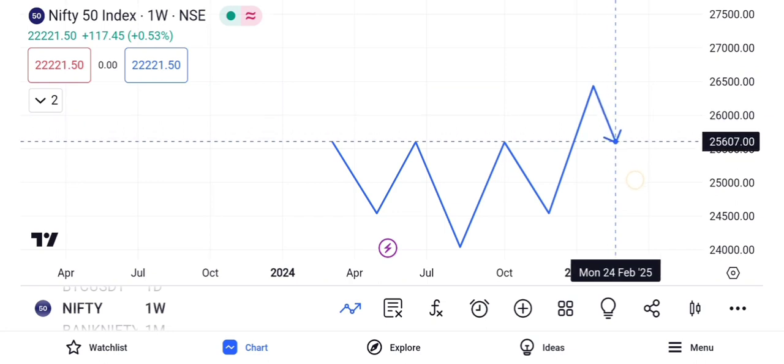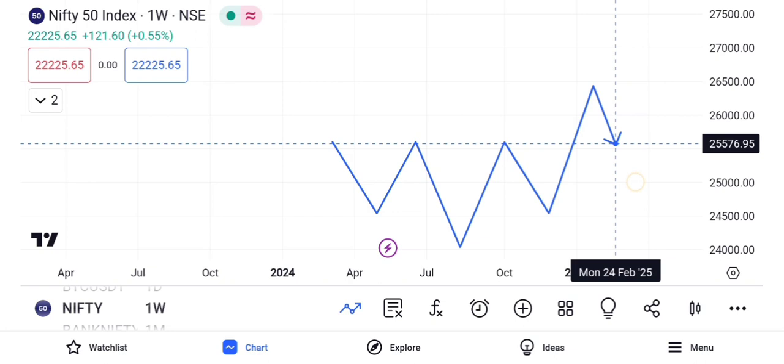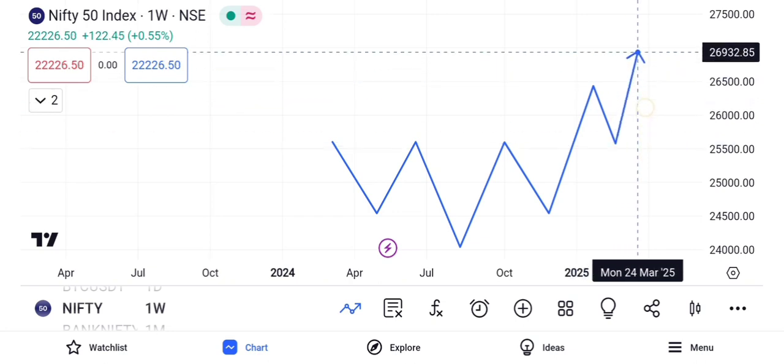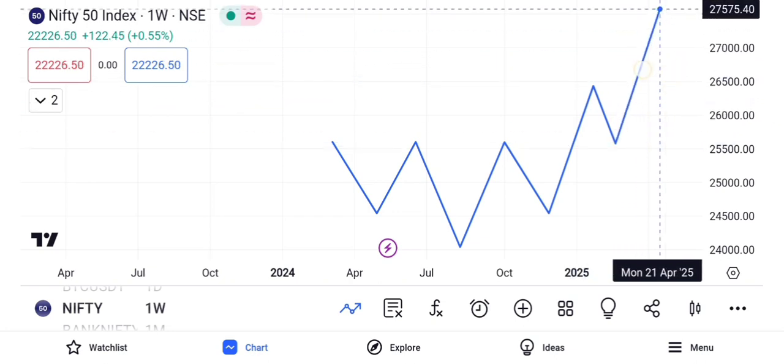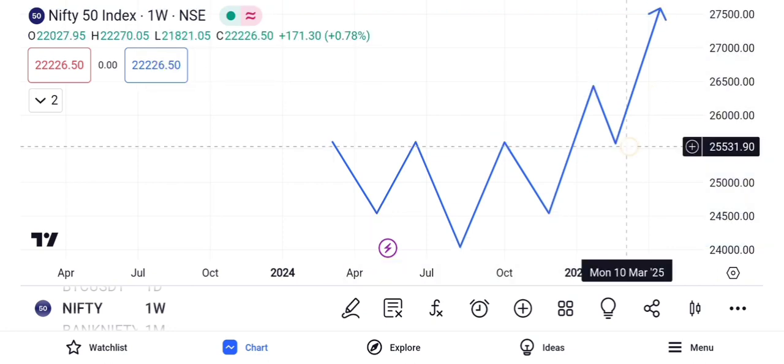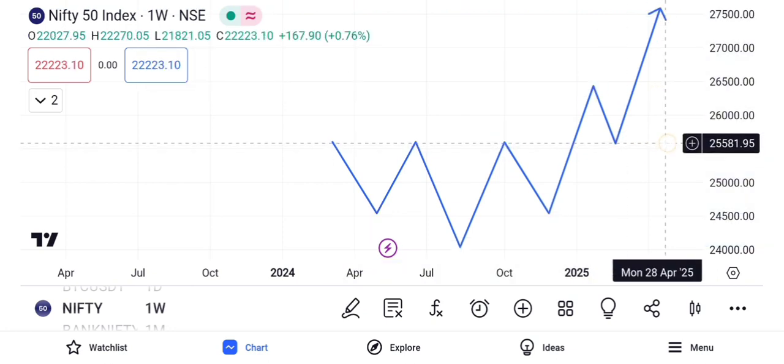And after a retest on this particular level, you make an entry and you ride this particular swing, okay. So this is the meaning of the inverse head and shoulder pattern.